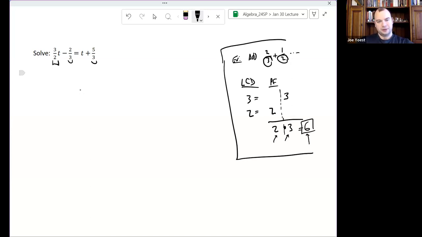So if I multiply through by 6 on both sides, I'm going to be very careful to multiply 6 by the entire left-hand side, and by the entire right-hand side. It's super easy to multiply 6t and then forget about the distributive property and just do plus 5/3. So I'm going to take the extra step and write everything down very clearly.